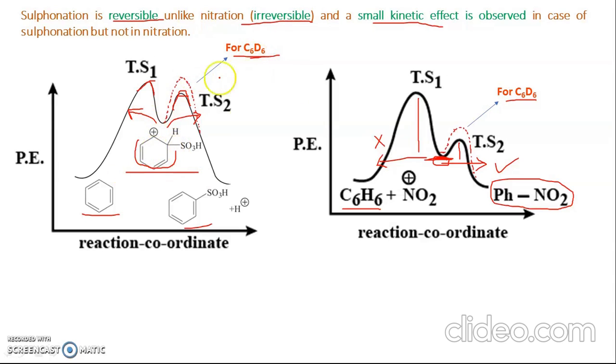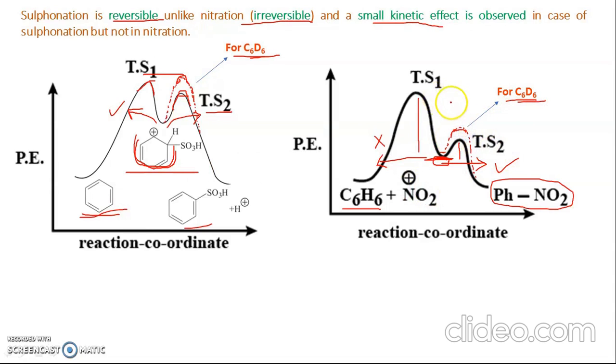Once it is formed, the second transition state energy, which I have written by a dotted line, is now slightly higher than the first transition state. So once the sigma complex of C6D6 is formed, it will now prefer to go towards the left-hand side, and that means you will get the benzene ring again.